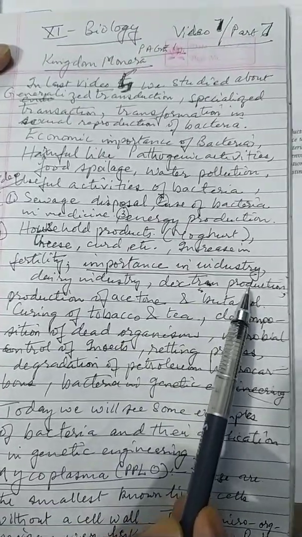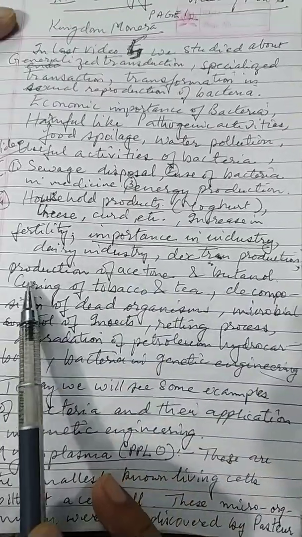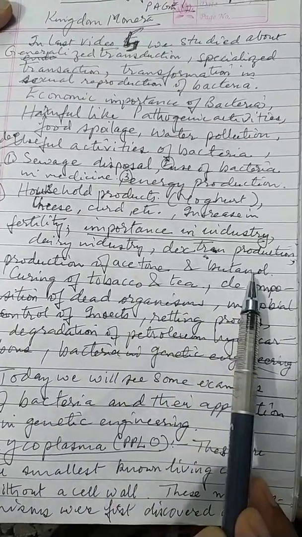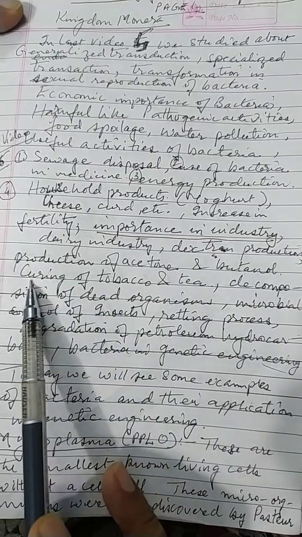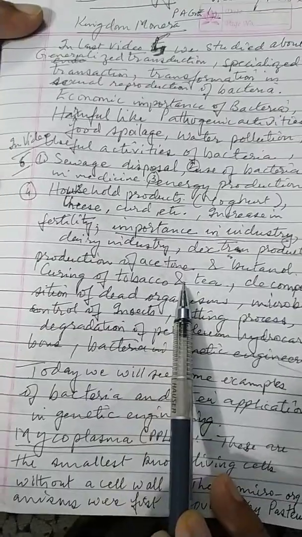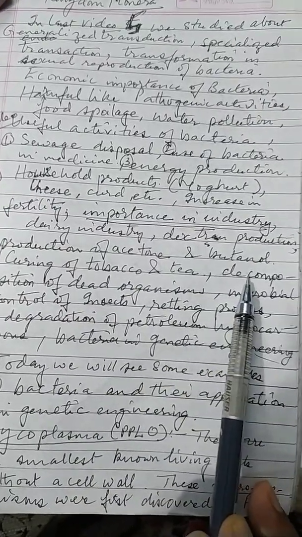Then dextran production, we saw the role of bacteria. Production of acetone and butanol like chemical compounds with the help of bacteria. Curing of tobacco and tea to give flavor to these products with the help of bacteria.